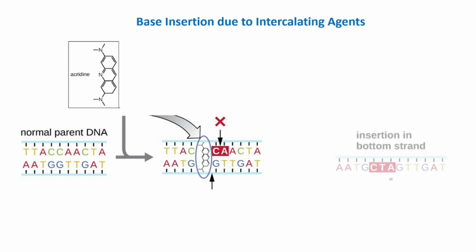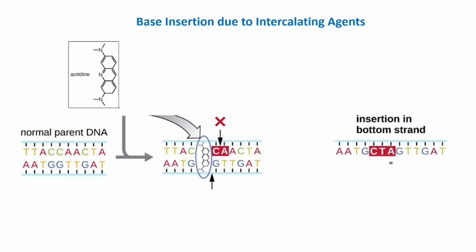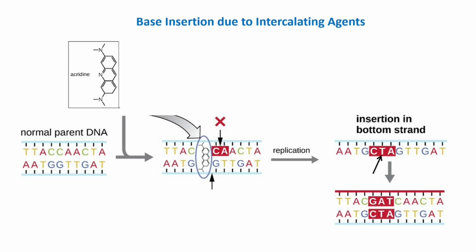Now, if this DNA strand acts as template for new DNA synthesis, an extra base is inserted into the new DNA strand opposite the intercalating agent during replication. And after one more round of replication, during which the intercalating agent is lost, the overall result is a base pair addition mutation.